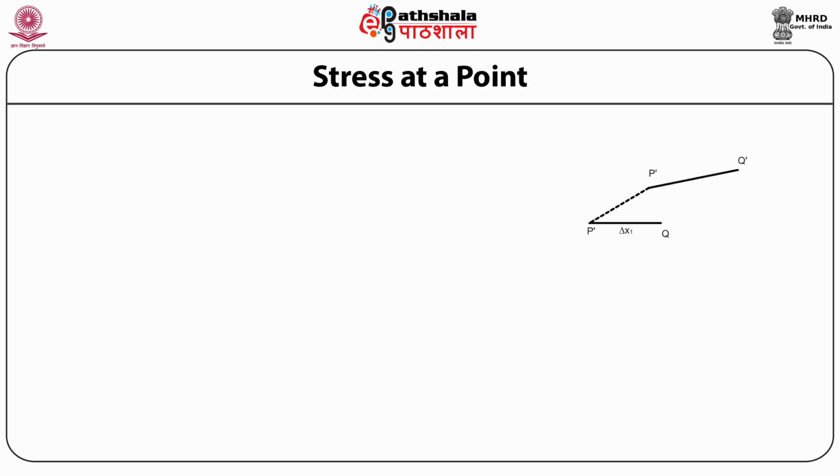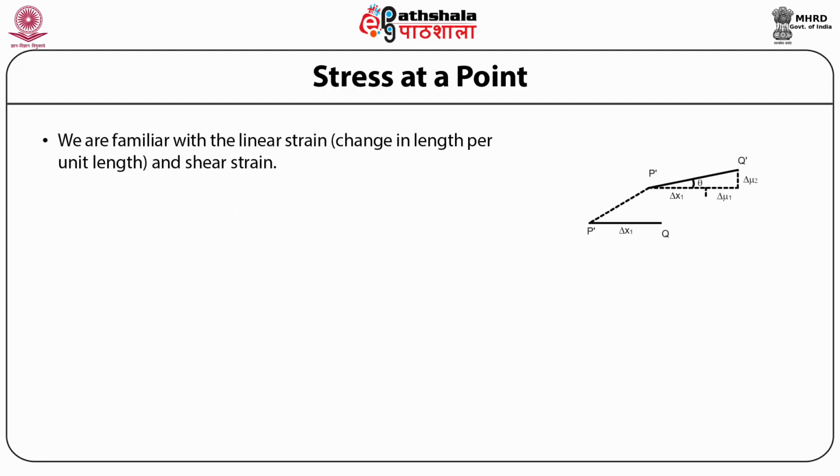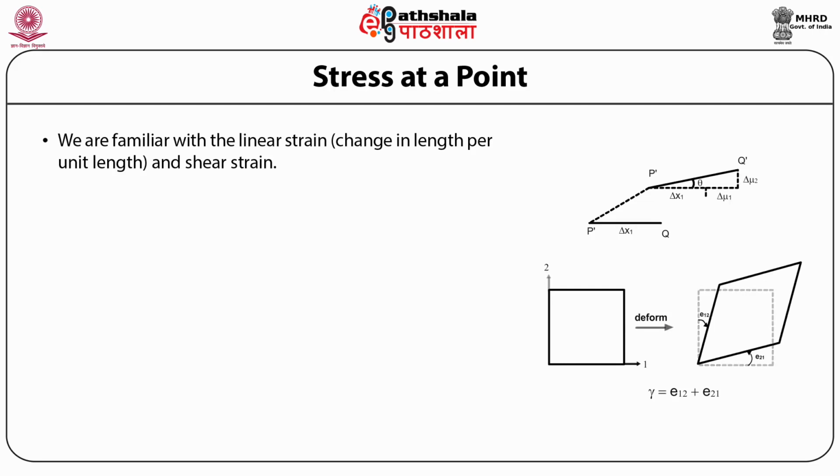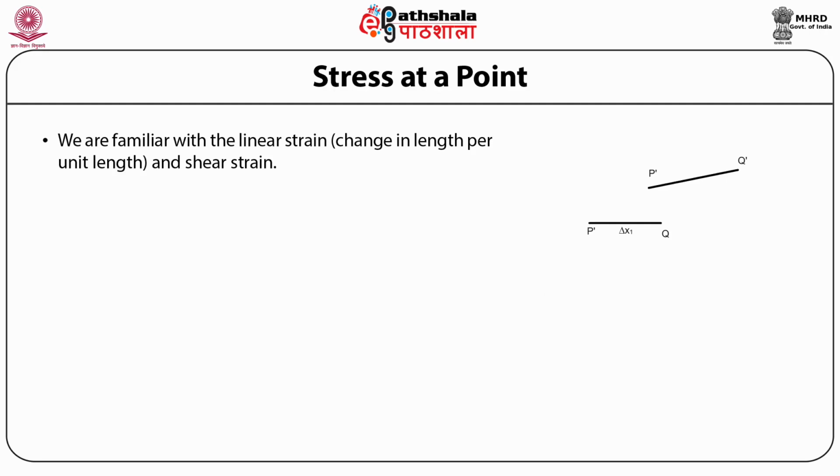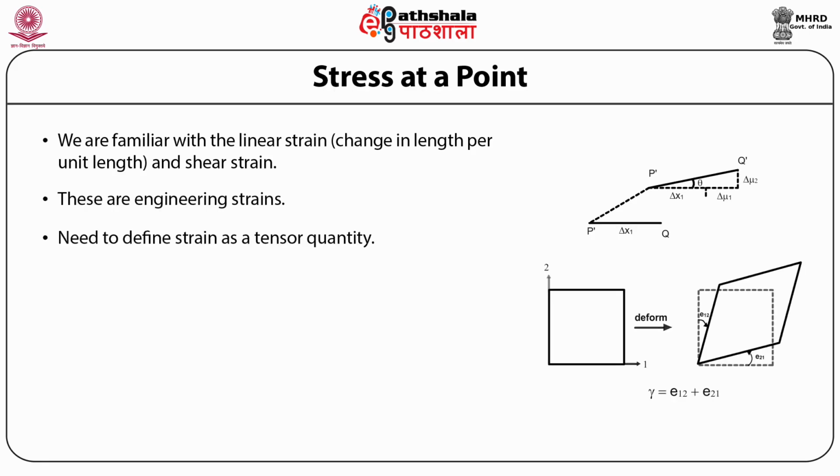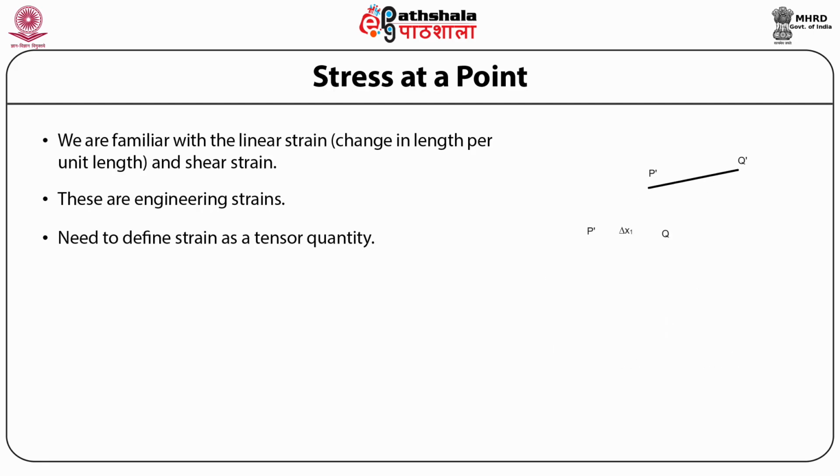Strain at a point. We are familiar with the definition of linear strain as the change in length per unit length. We are also familiar with shear strains. Strain defined in this manner is called engineering strain. In this section, we describe strain as a tensor quantity.